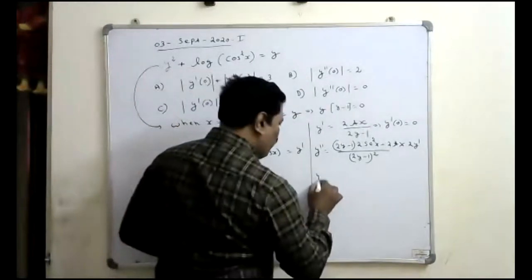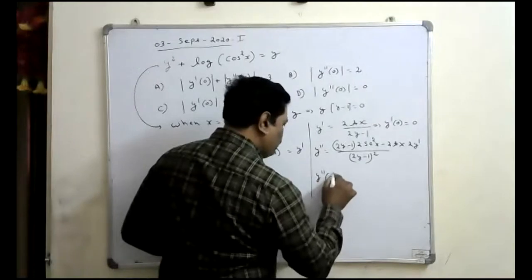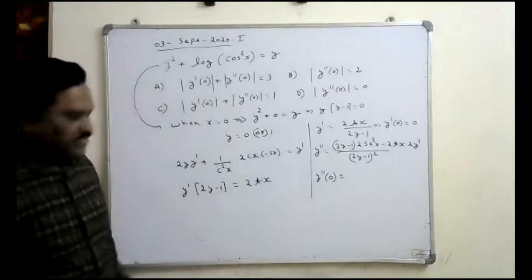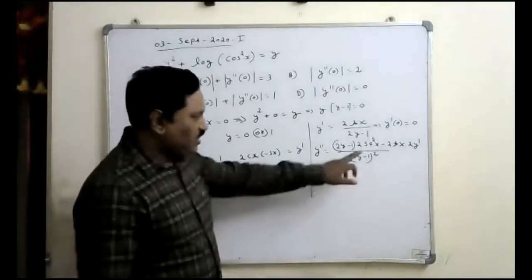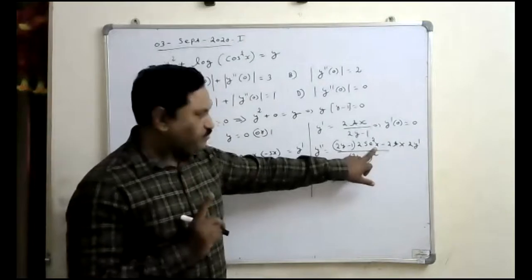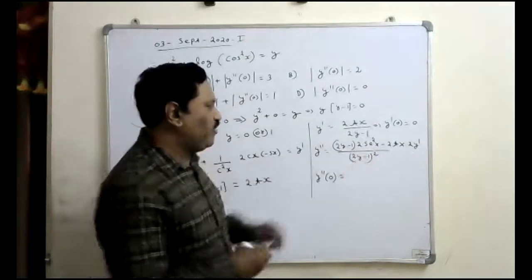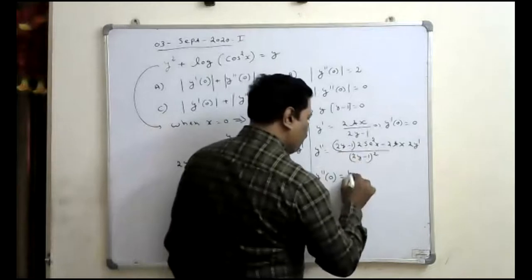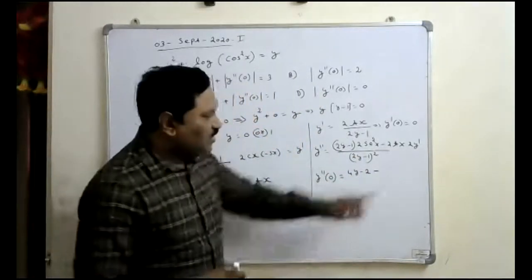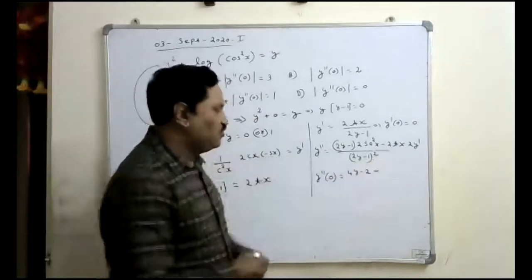Now I will find y double dash of 0. Substitute x is 0 there: secant 0 is 1. That's why it is 2 into 2y minus 1, that is 4y minus 2, minus, if x is 0, tan 0 becomes 0, so that term becomes 0.